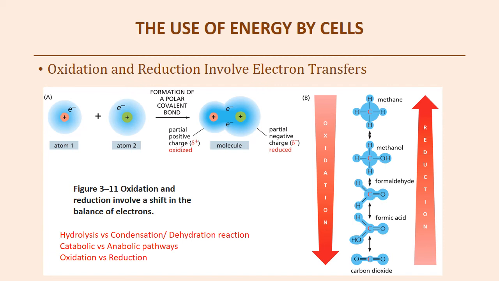Oxidation and reduction refer to how we transfer electrons from one molecule to the next, or from one state to the next. Whenever you have an interaction between two separate atoms, one atom will always give away its electron and the other will always be receiving more of it.